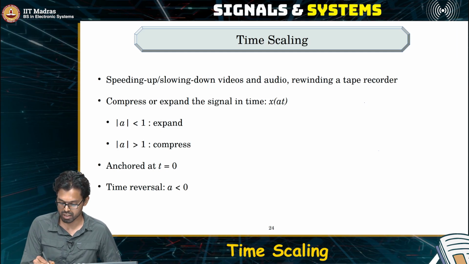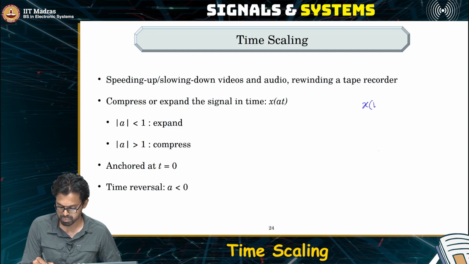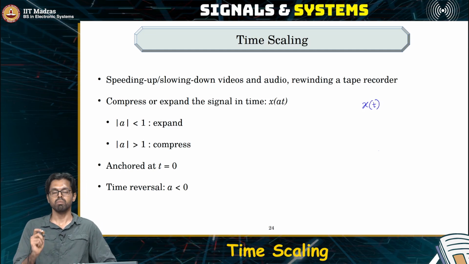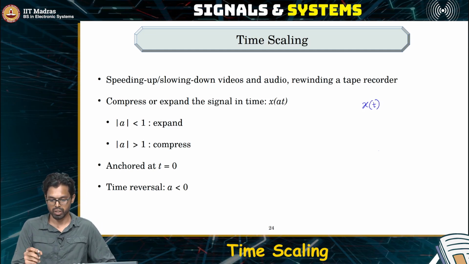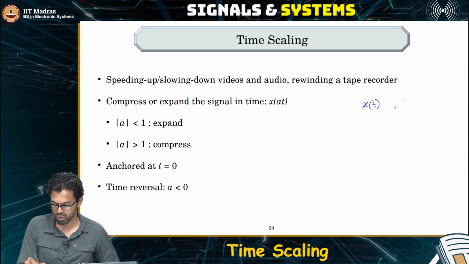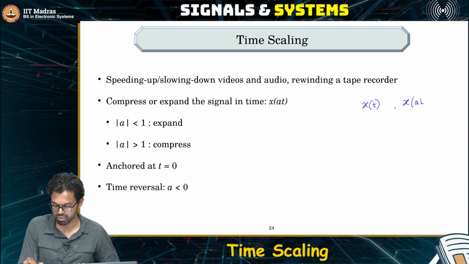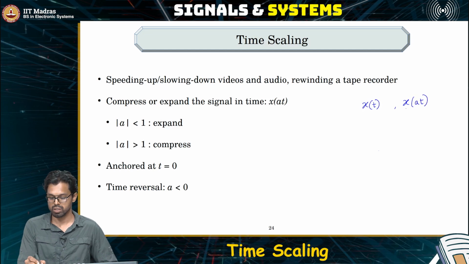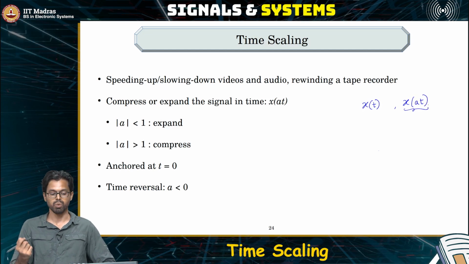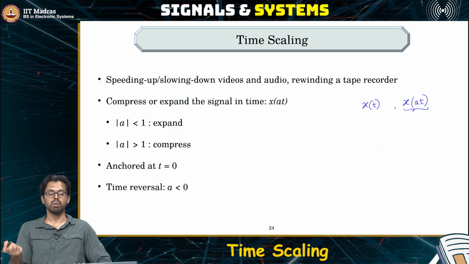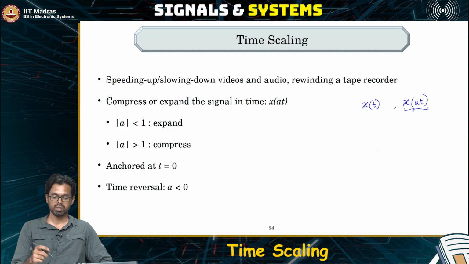Basically, if there is a signal x of t, the time variable, the independent variable, is scaled by some constant a, giving x of at. This is the time scaled version. It can be either a sped up version or a slowed down version.